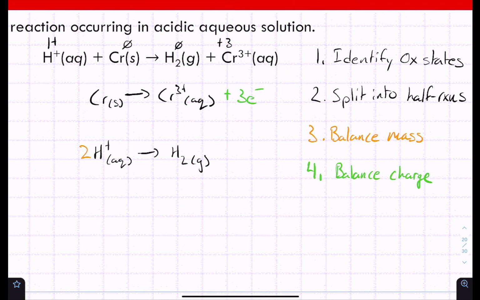And what about for the hydrogen reaction? How many hydrogens with positive charges do we have?